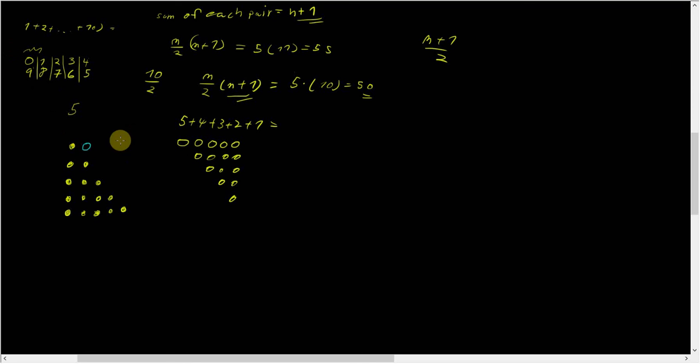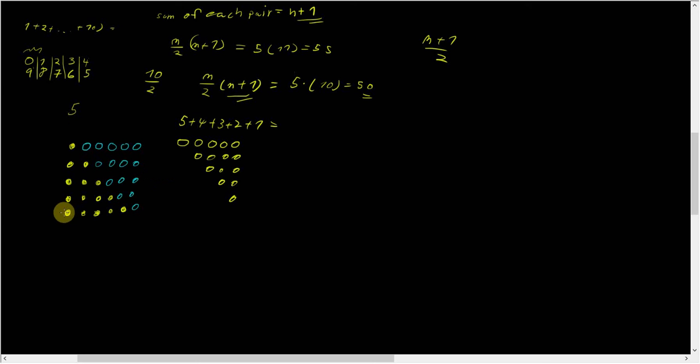So here I have 5, so I have to add 5: 1, 2, 3, 4, 5. Here I have 4: 1, 2, 3, 4. Here I have 3: 1, 2, 3. Here I have 2: 1, 2, and 1.